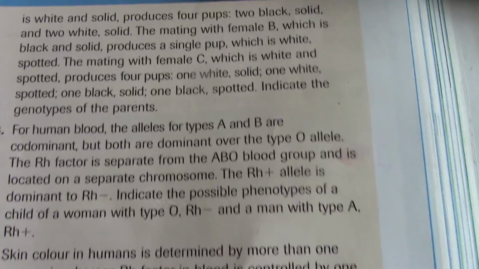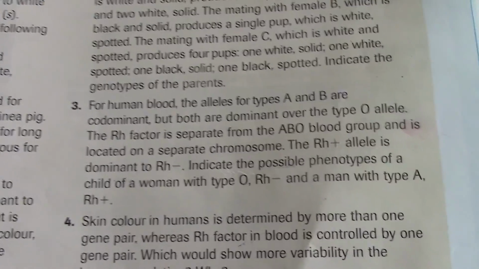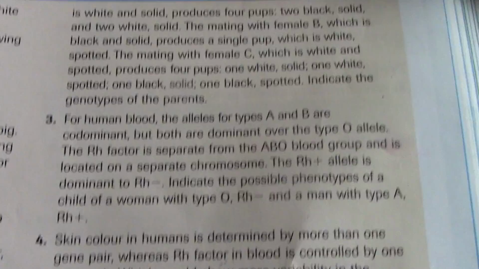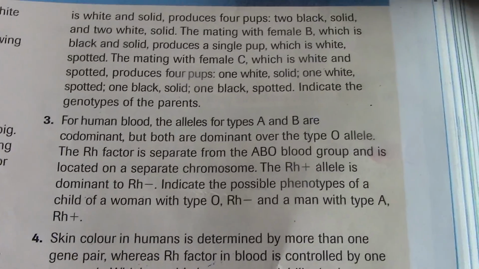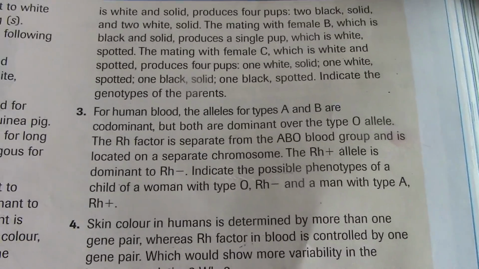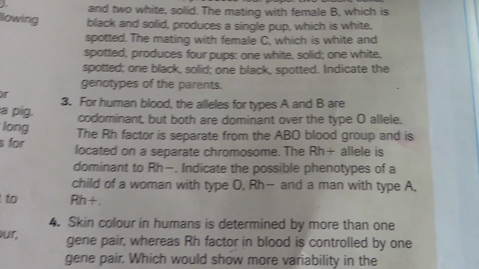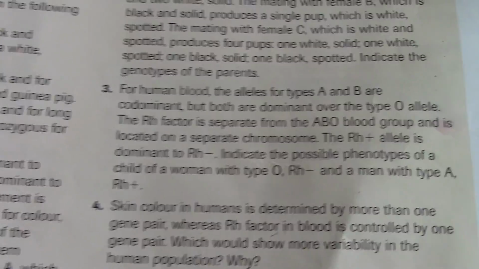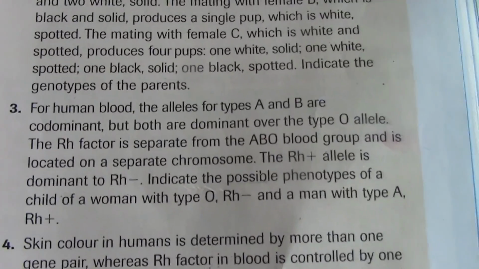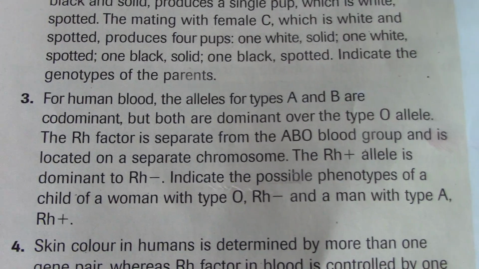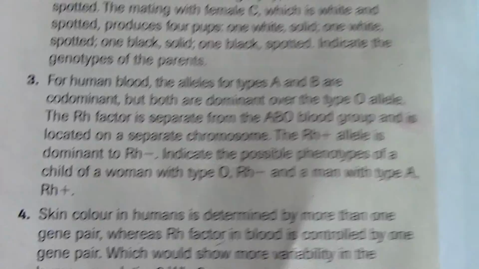Now, one thing you should understand is that dominant and recessive genotypes don't necessarily have to be letters, and that's what this shows. So it says for human blood, the alleles for types A and B are codominant, but both are dominant over the type O allele. The rhesus factor, Rh factor, you guys talked about that in Bio 20, is separate from the ABO blood group and is located on a separate chromosome. The Rh plus allele is dominant to Rh negative.